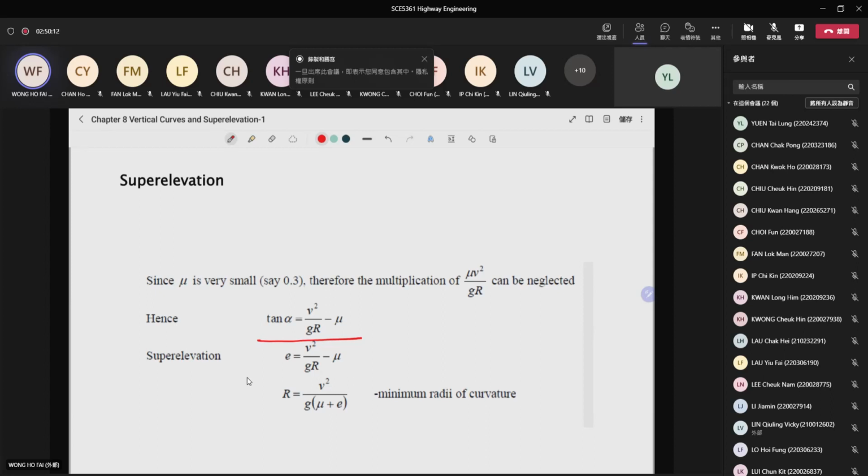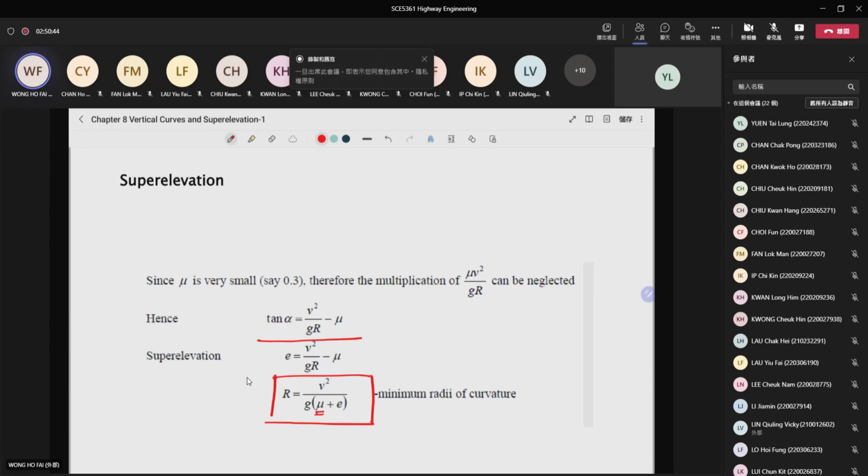And then from here you can derive the radius of curvature. That means the radius that you can turn around on the horizontal curve. Now you can see that if you want to reduce the R, that means the radius of curvature, actually you can increase the mu.